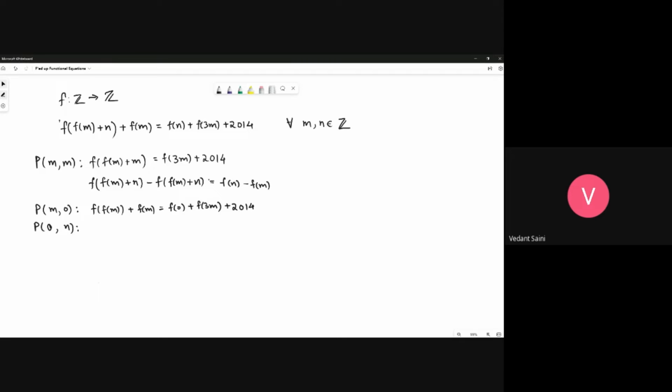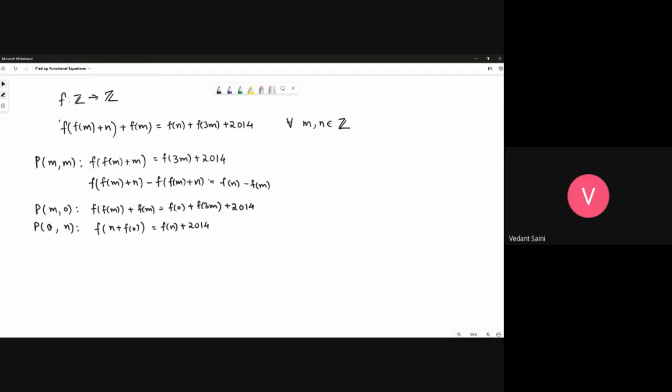So why would I put n equals zero? Because then this term and this term, these two would cancel out and we'll get probably a simpler expression. So putting n equals zero, we get n plus f of zero equals f of n plus 2014.